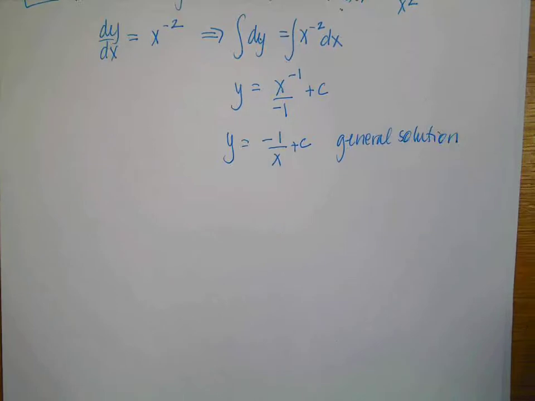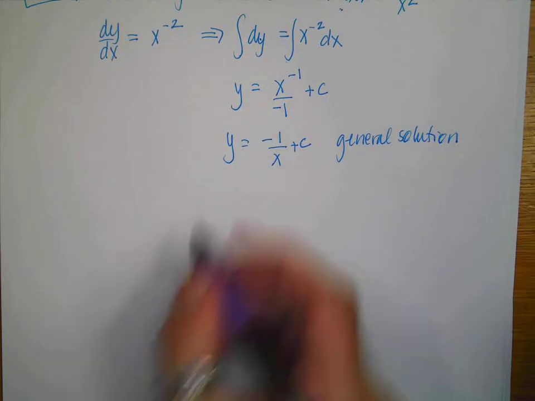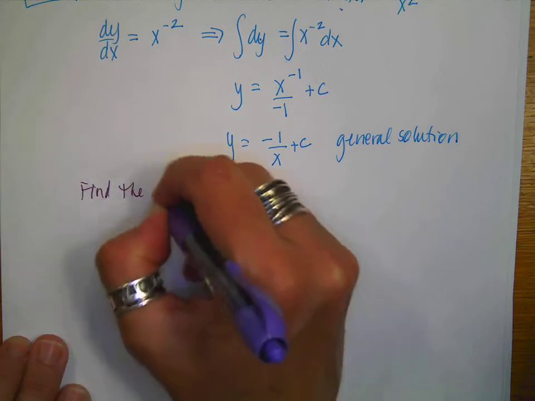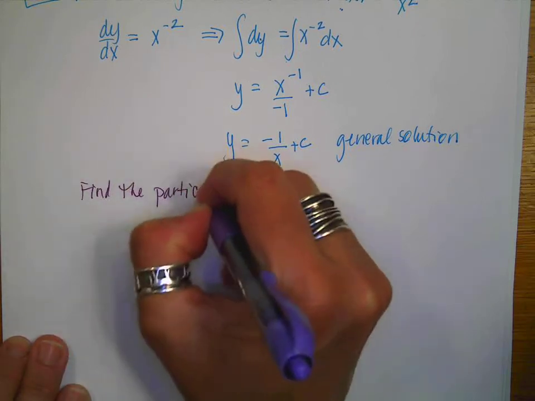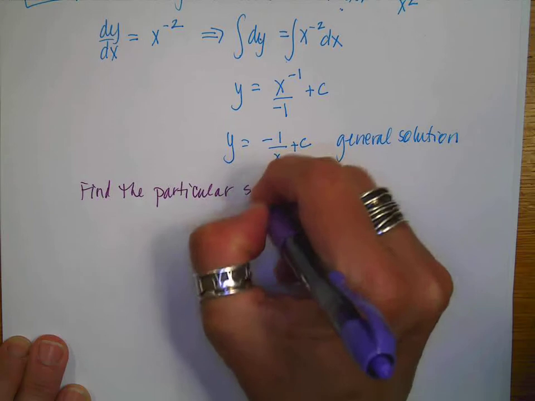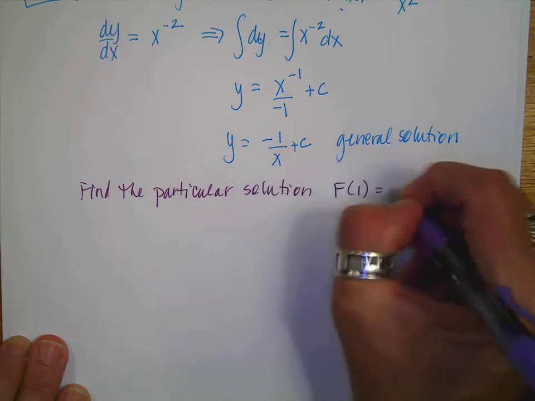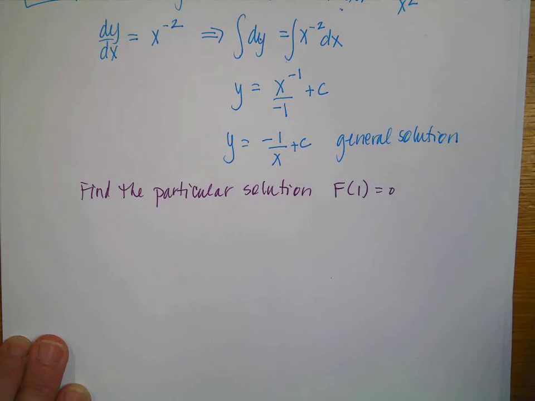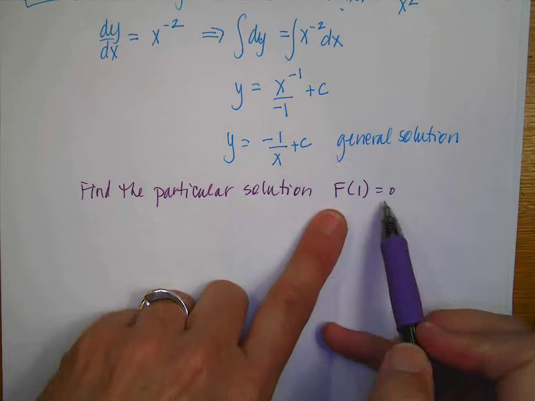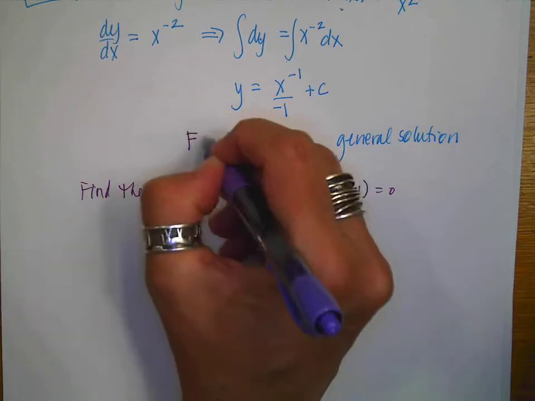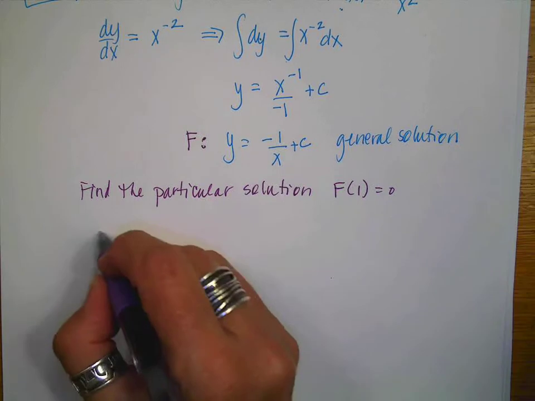Okay. Alrighty. What if, on the other hand, I said find the particular solution if f of 1 is equal to 0, okay? So then what I would do is, the way this particular problem is written, remember the antiderivative is f, okay?